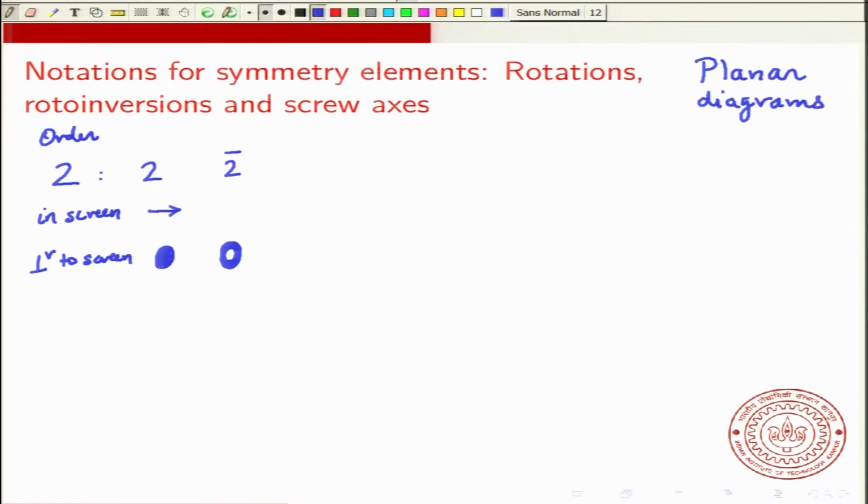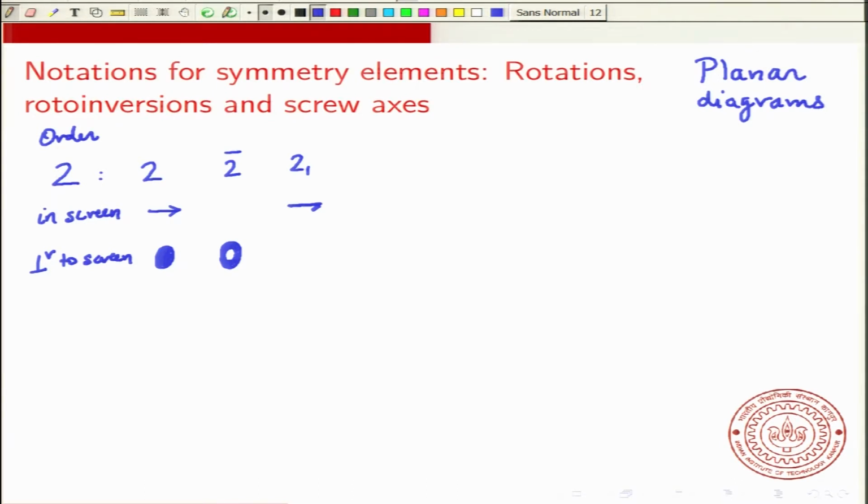Now there are other twofold axes that you could have. So for example, you could have a screw axis. If you have a 2 sub 1, this corresponds to rotation by 180 degrees and translation by half the unit cell. If it is in the screen of paper, we will show it by this harpoon, so it's half an arrow, a line with half an arrow.